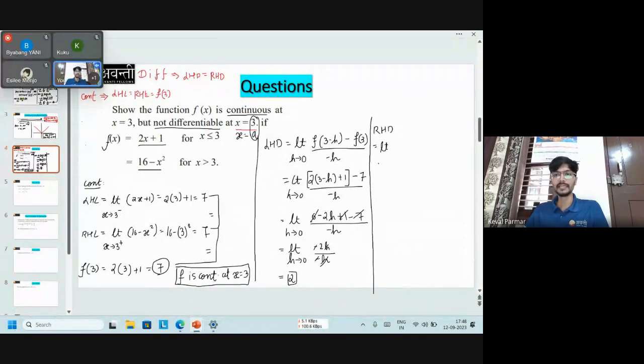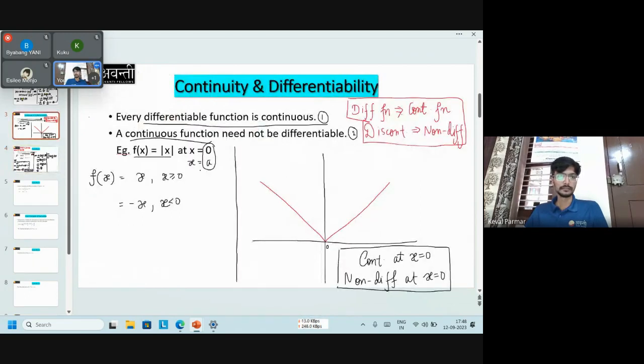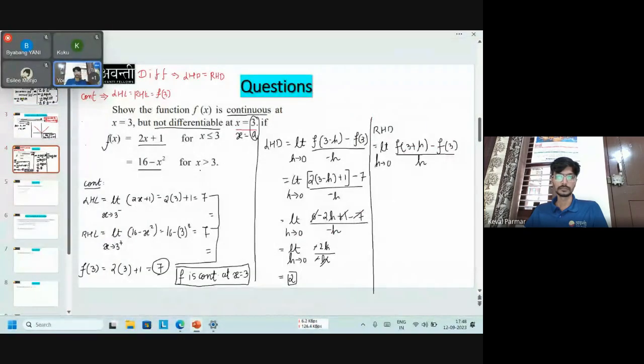RHD is limit h tends to 0, f of 3 plus h minus f of 3 upon h. So f of 3 plus h, 3 plus h means x is greater than 3. And if x is greater than 3, we have to use this definition. h is getting added in 3.